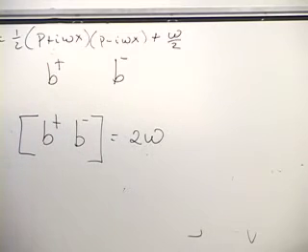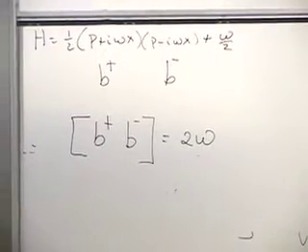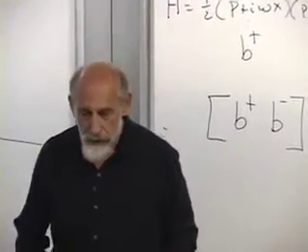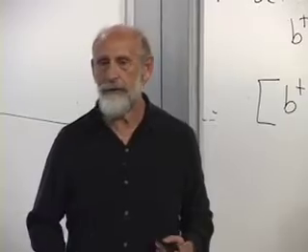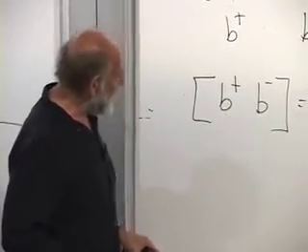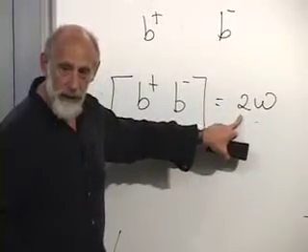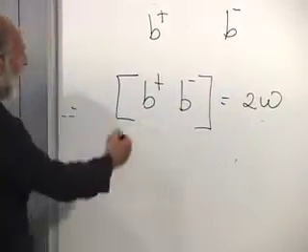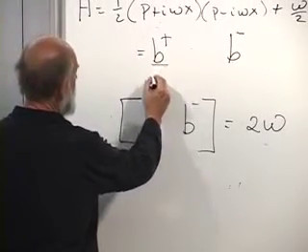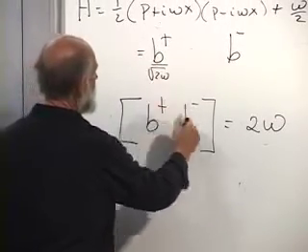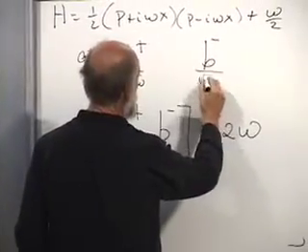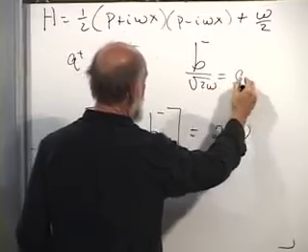It's perfectly okay to operate with B plus and B minus. It's a matter of definition, history and convention to divide B plus and B minus by the square root of 2 omega and call the result a. So B plus divided by the square root of 2 omega is called a plus, and B minus over the square root of 2 omega is called a minus.